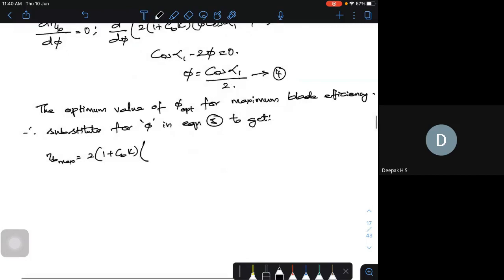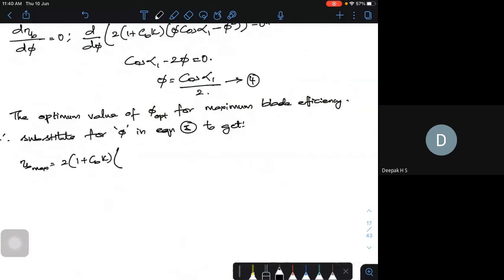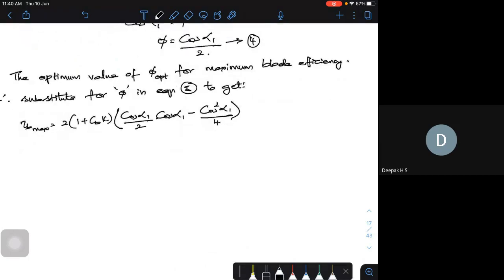Then I have phi, phi is equal to cos alpha 1 by 2, so phi into (cos alpha 1 minus phi) gives cos square alpha 1 by 2 minus cos square alpha 1 by 4.